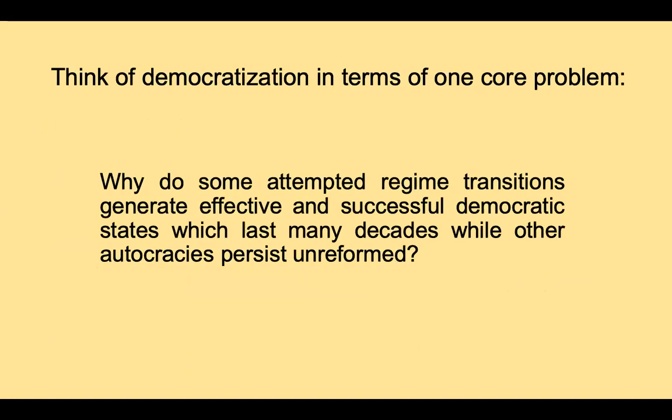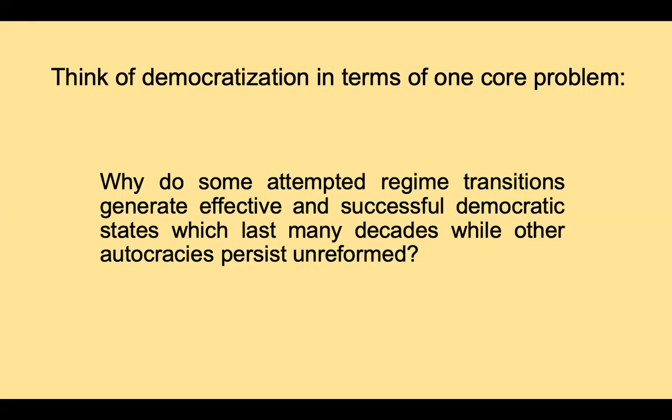But what you'll see is that throughout, we really focus on one core problem in this course, and in democratization research more broadly. And that core problem is, why do some attempted regime transitions generate effective and successful democratic states which last many decades, while other autocracies persist unreformed? This is a question about democratic transitions and why some countries transition and why others don't.